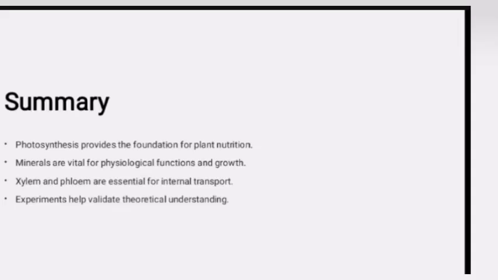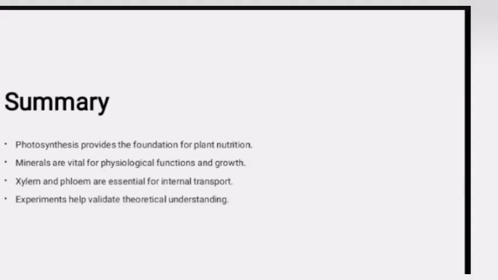Now the light dependent phase utilizes what? Energy from the sunlight to produce ATP, an electron carrier called NADPH, and lastly oxygen as a byproduct. The light independent phase uses what? ATP and NADPH to produce glucose. Now we have transport systems in plants.